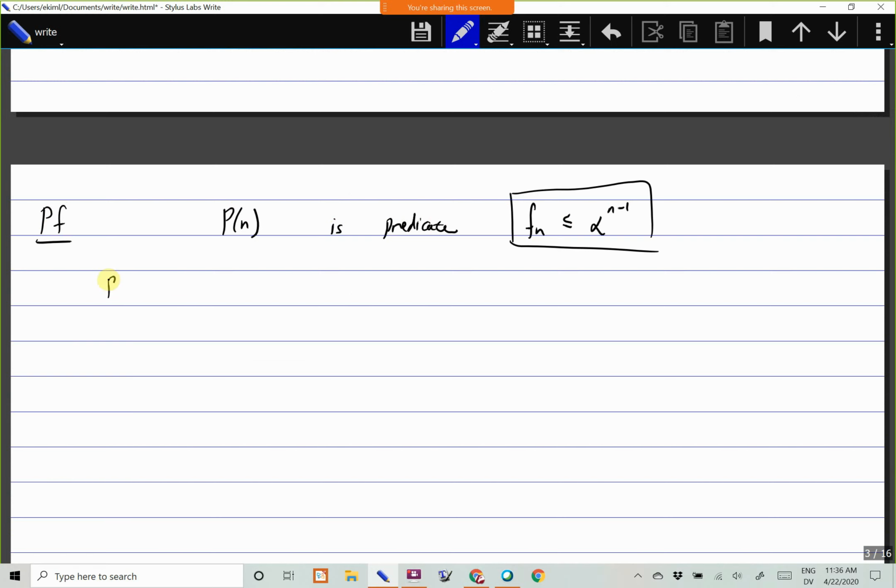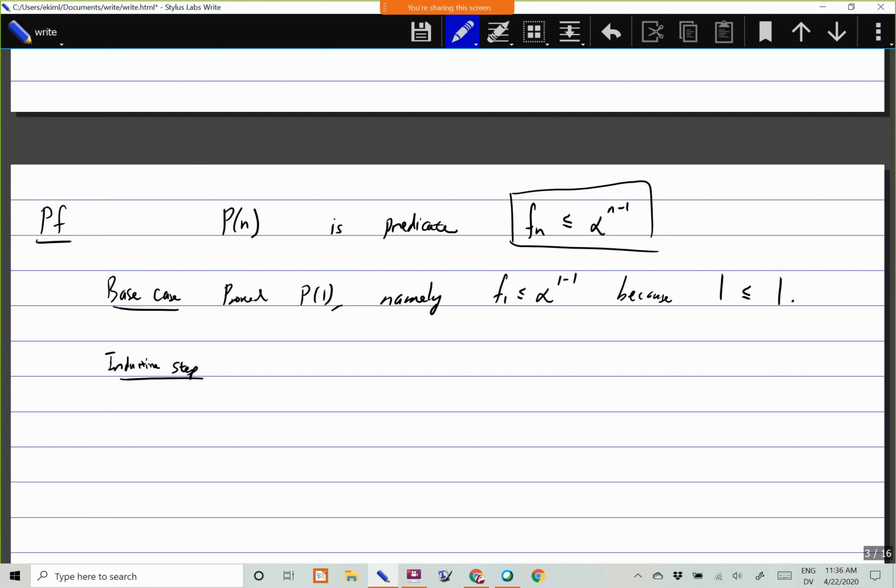The base case, we already proved it, because in our failed attempt earlier, we already proved P of 1, namely F sub 1 less than or equal to alpha to the 1 minus 1, because our proof came from the fact that 1 is less than or equal to 1.